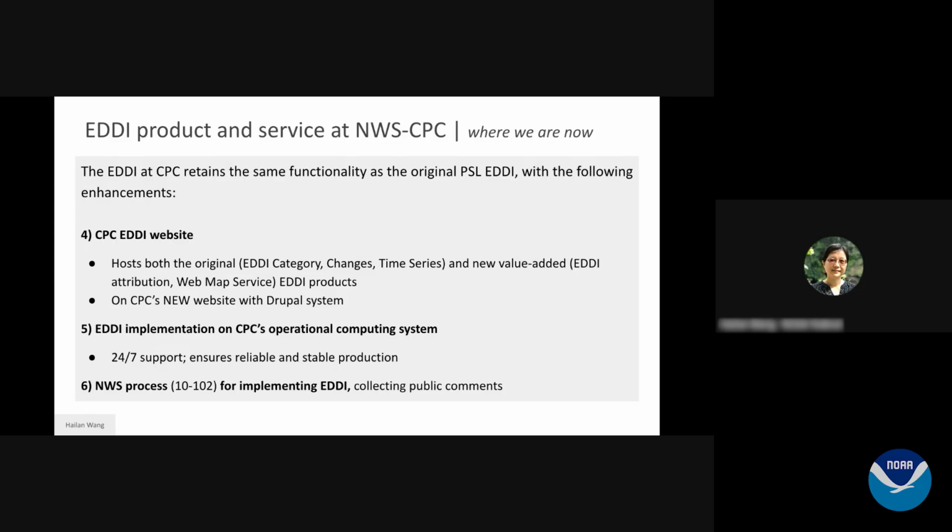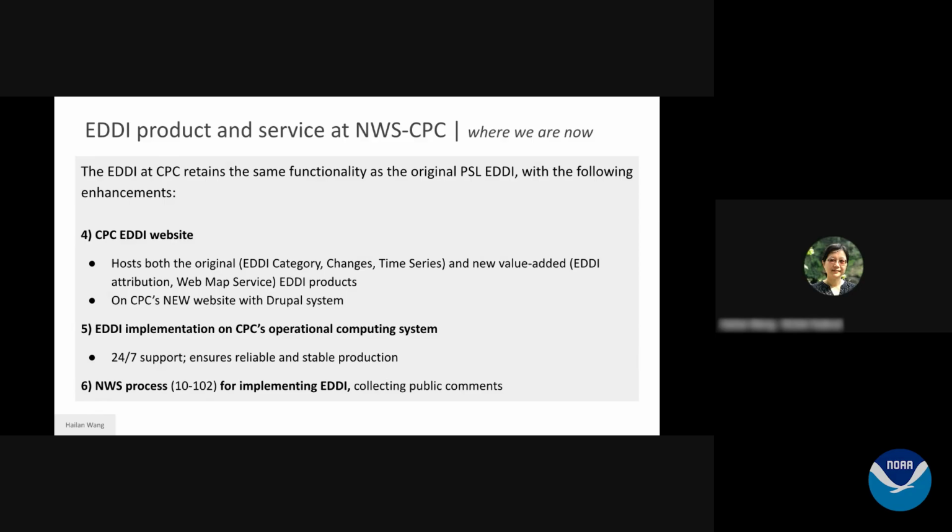And lastly, I just want to quickly mention that recently we have gone through the National Weather Service process for implementing EDDI. For those who work at NWS, you probably know that this process is referred to as the 10-102 process, and currently we're collecting public comment.